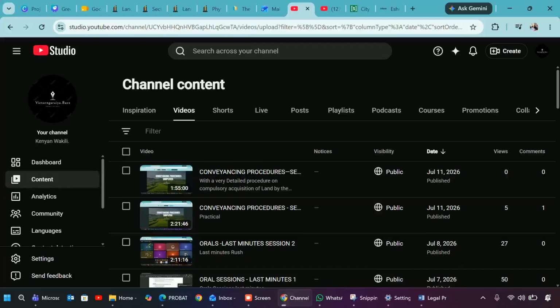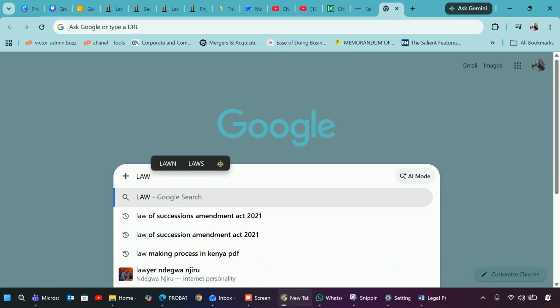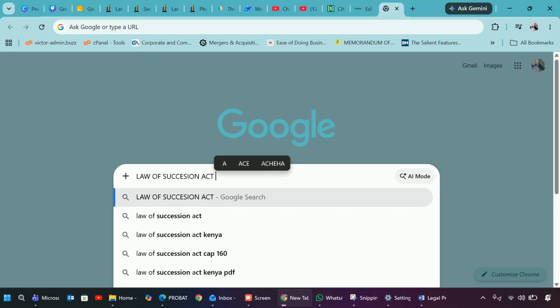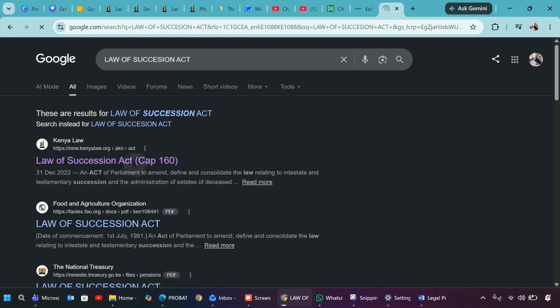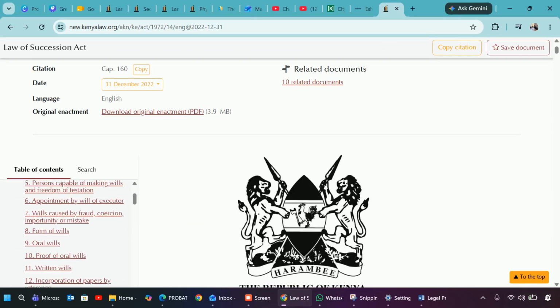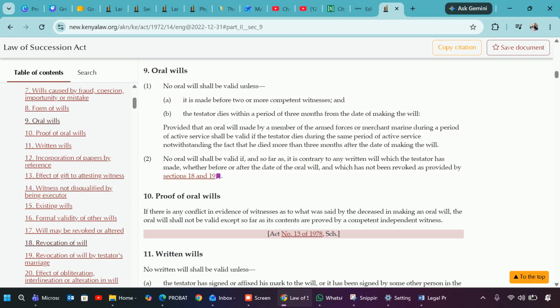I will read out directly the interpretation of section 9 of the Act, to avoid a situation where we are overthinking, and read it verbatim. I'll project it before you. This is it.